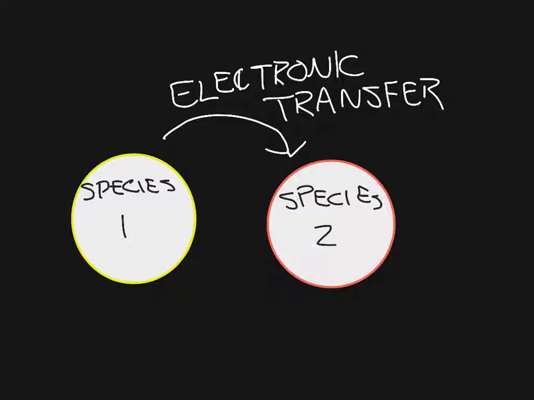So we can say that if electronic transfer is occurring from species 1, it is actually losing electrons. And the red side is actually gaining electrons.